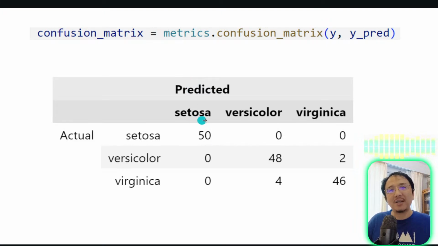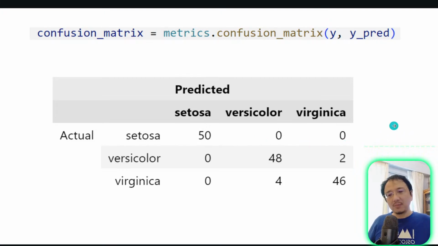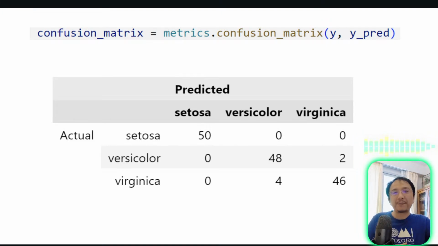If we predict it is Setosa, so we predict positive, and it is in fact Versicolor or Virginica, or anything not Setosa, then our prediction is wrong. We call this false positive. And similarly, if our prediction is negative, but it is in fact positive, then this is false negative. So it is very easy to remember, right?